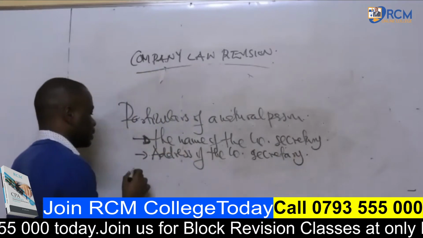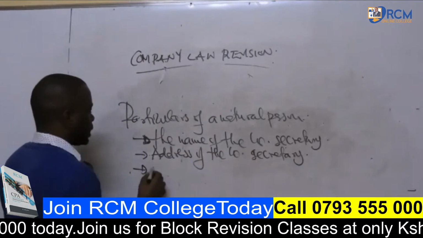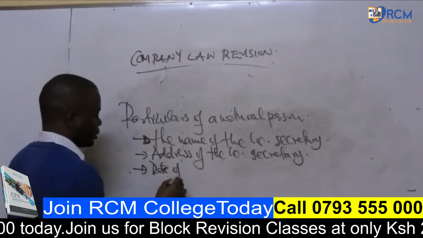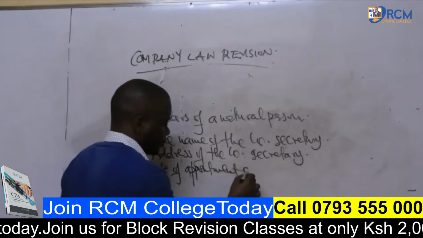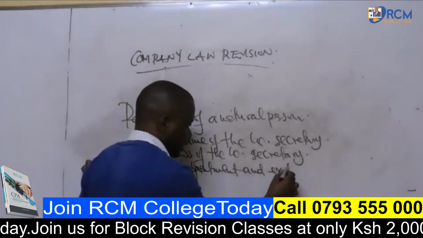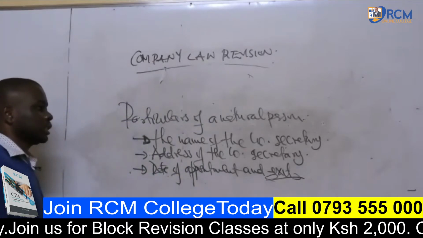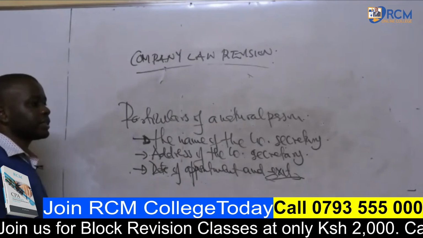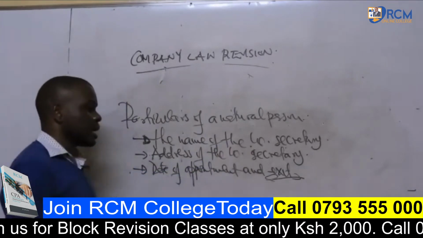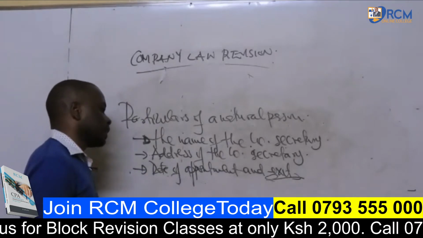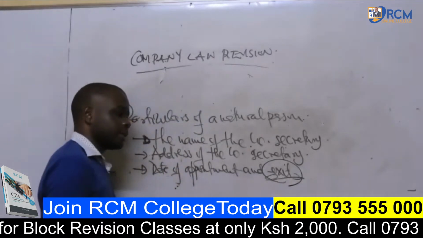We can have the date of appointment and exit as the company secretary. So that is with regard to a natural person. The particulars to be contained in the register if it is a natural person: the name of the company secretary, the address of the company secretary, and the date of appointment and exit as the company secretary of the company.